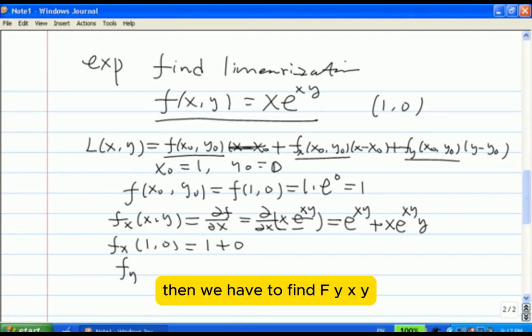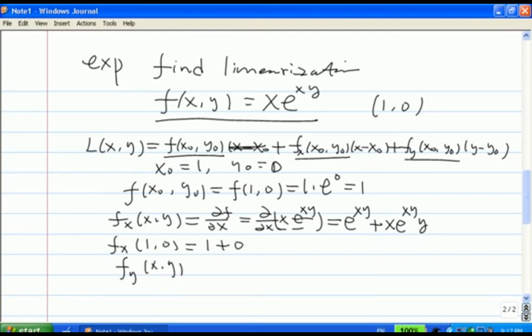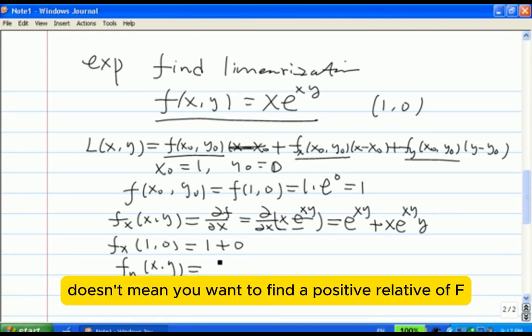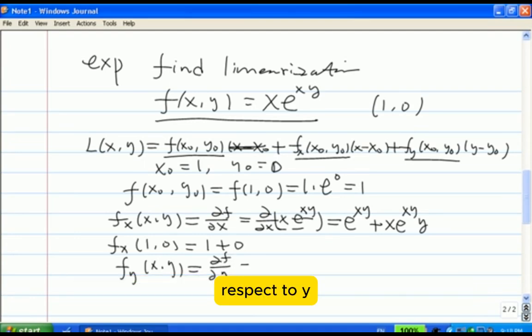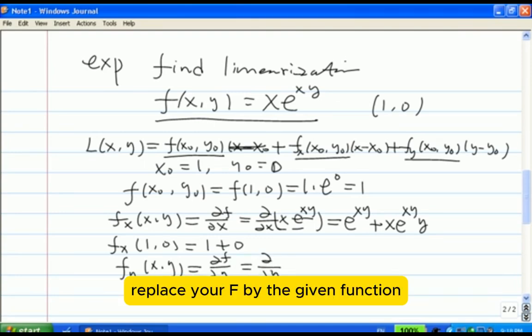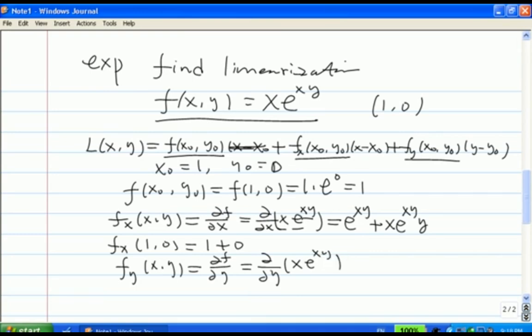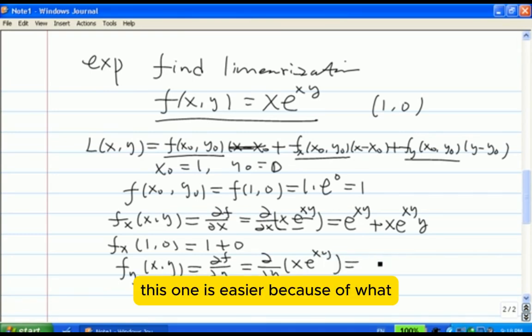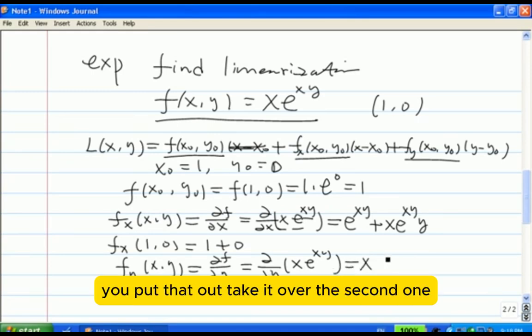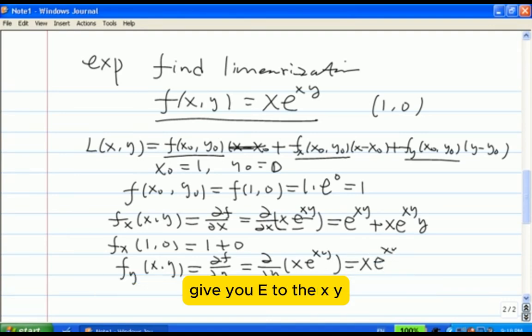Then we have to find fy(x,y). Okay, to find fy, that means you want to find the partial derivative of f with respect to y. Replace your f by the given function. This one's easier because you treat x as a constant. So the first x is a constant, you put that out. Take derivative of the second one, gives you e to the xy.